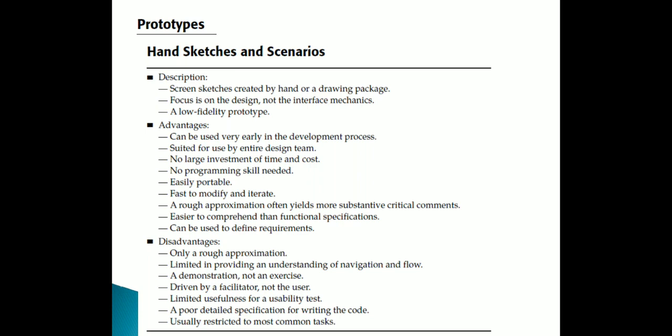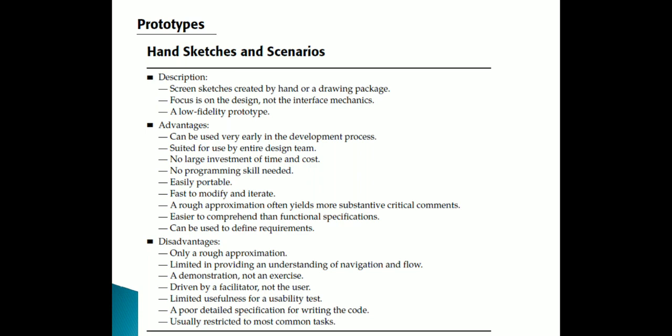Low fidelity prototypes are usually paper-based and include sketches, scenarios, and interactive prototypes. They can be prepared by hand or by using a drawing package like Microsoft Paint or PowerPoint. High fidelity prototypes are software-based, yielding a functional version of the system that can be interacted with.